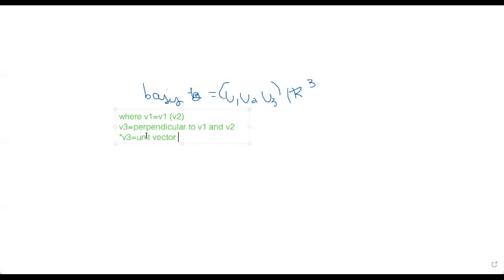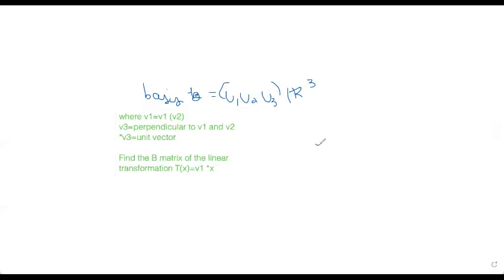So what they want us to do is find the B matrix of the linear transformation T of x equals v1 cross x. Okay, so we're going to start out with a little chart.